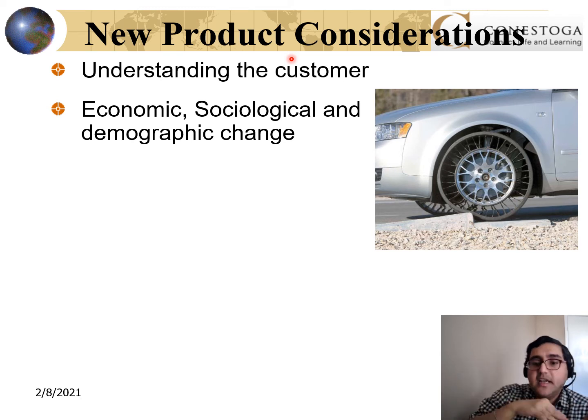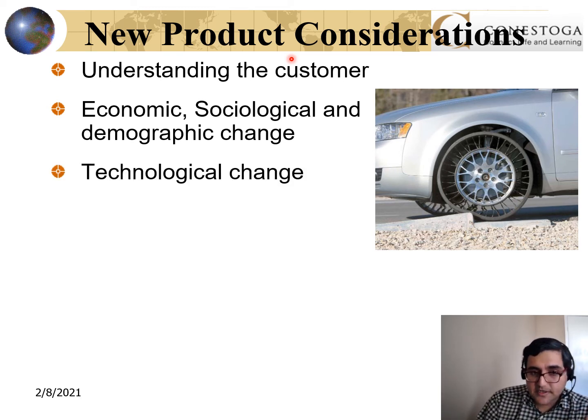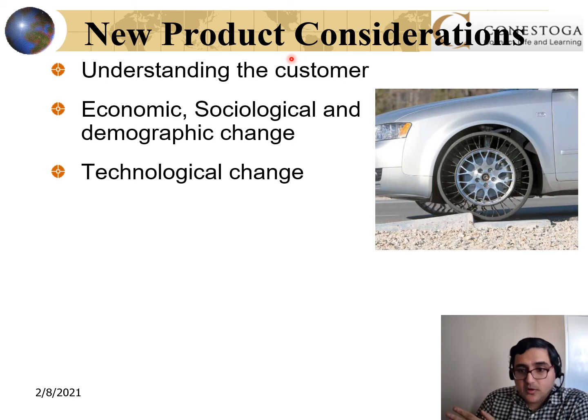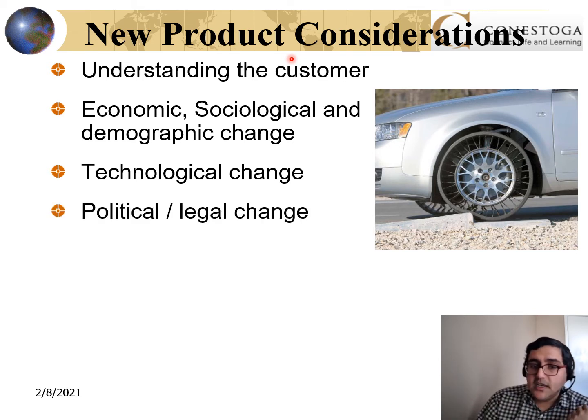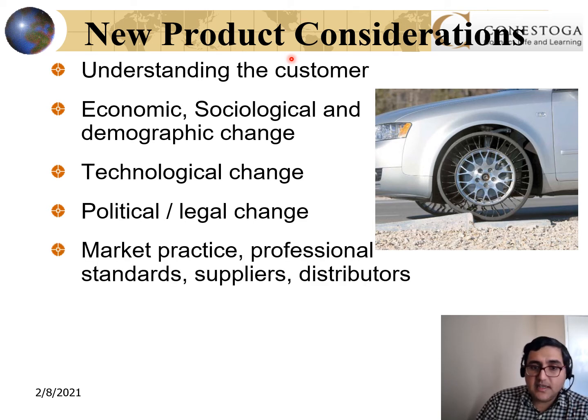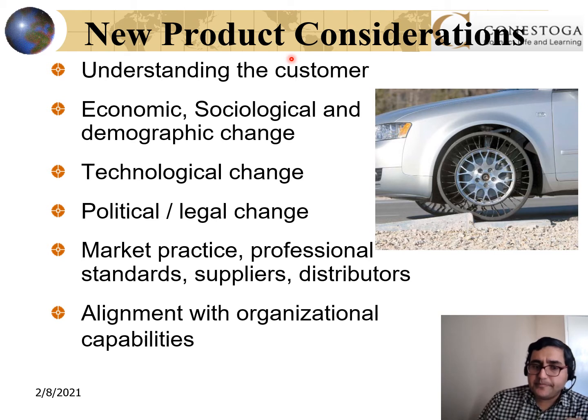So understand the scenarios, understand the changes happening in the market. What's the change happening with respect to the technology? The internet, say 4G or 5G, is now coming in. So what's the change which is happening to my technology? Are there issues with respect to political things, with respect to the legal aspects, and so on? Whenever you are trying to develop a new product, all these aspects have to be kept in mind.